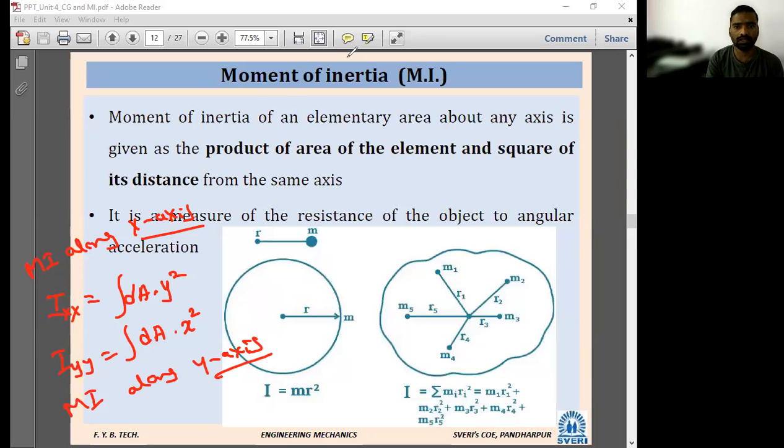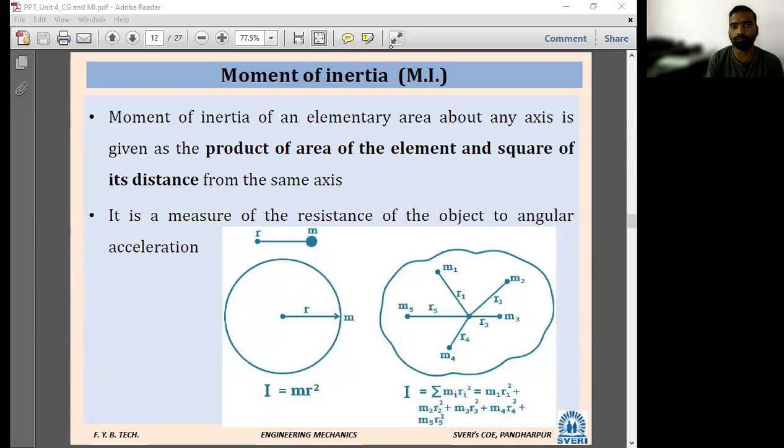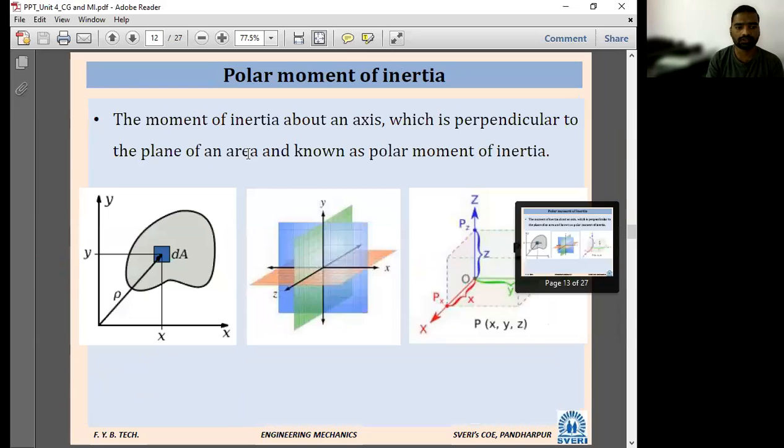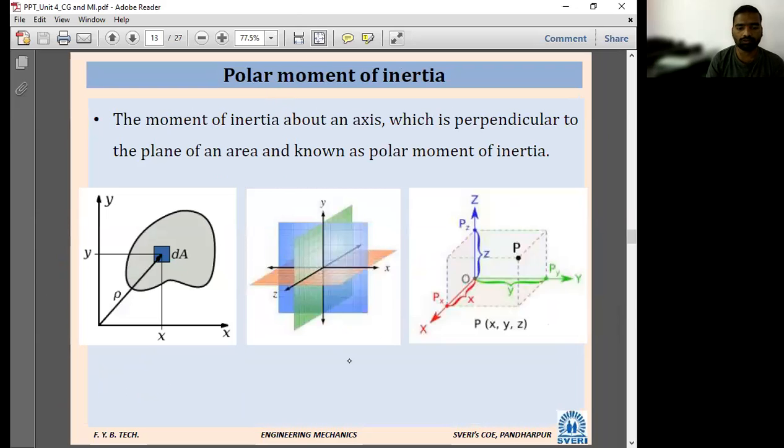Now we will come to the polar moment of inertia. Read on.